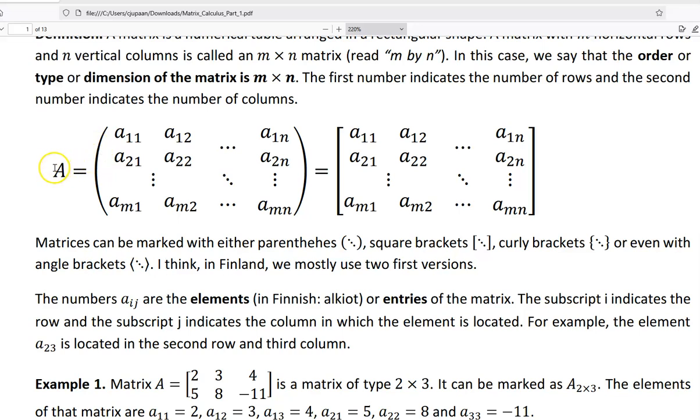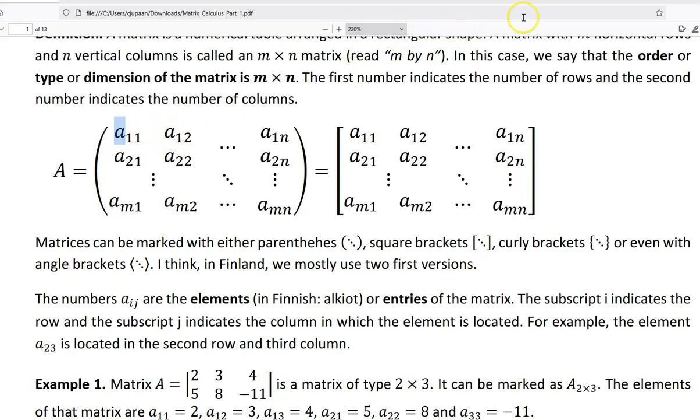Mostly we name these matrices by using uppercase letters or capital letters, for example big A and big B and big C, etc. And then for these elements, we mostly use the same letter. If the name of the matrix is uppercase A, then the elements are named with the same letter, but many times lowercase or small letters.